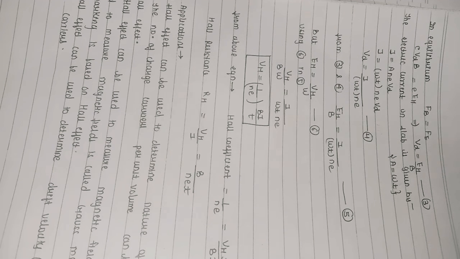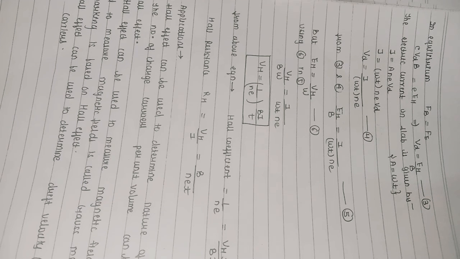But as we know, EH is VH upon W, as we said earlier that the Hall electric field will be the ratio of the Hall voltage upon the width. So VH upon B W equals I upon W T n e.